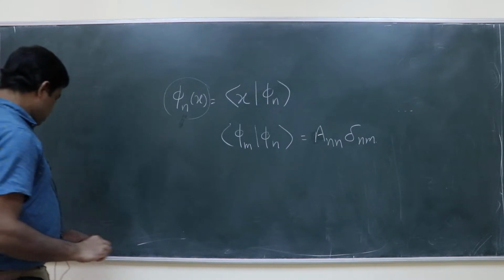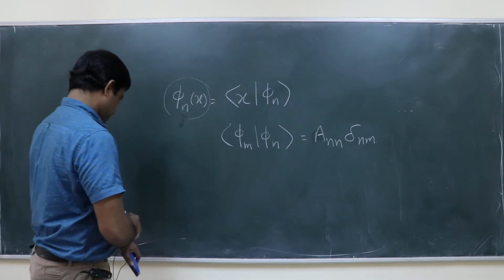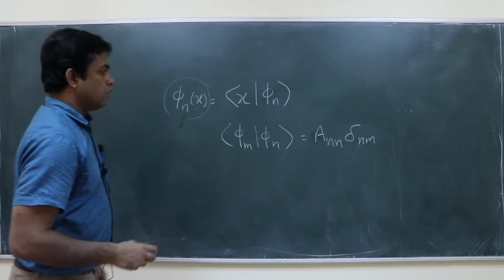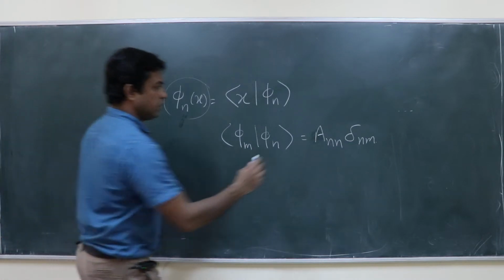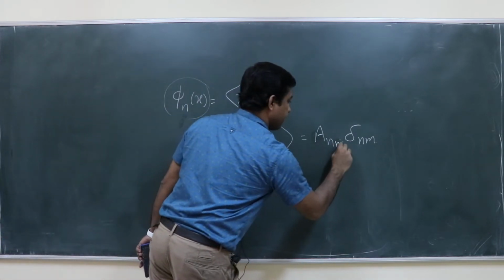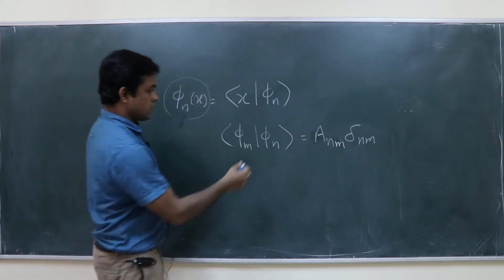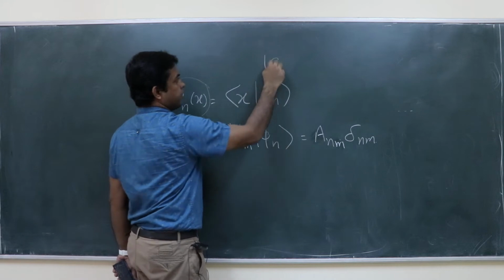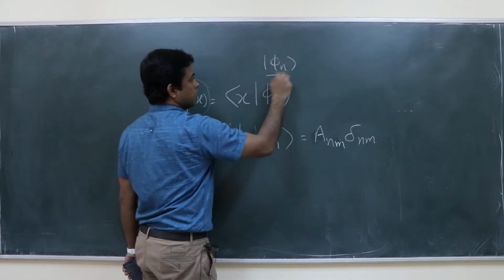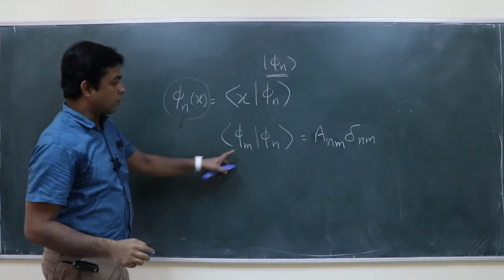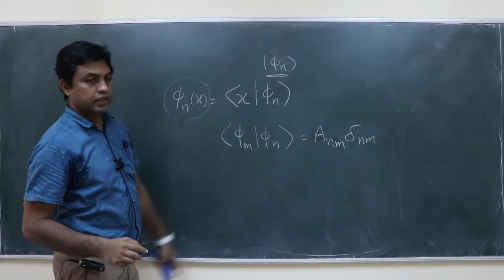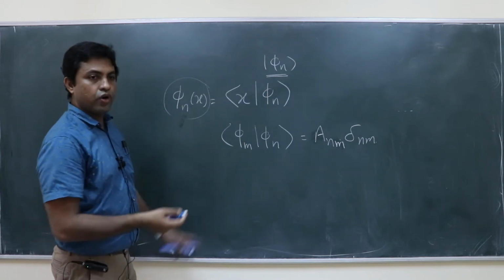So these vectors ket phi n are orthogonal to the other vectors, and they actually form a basis.